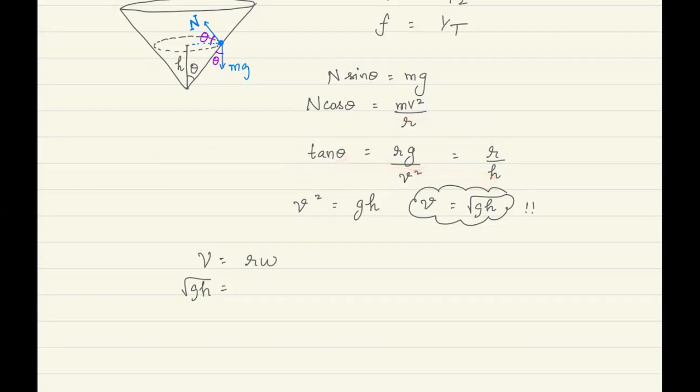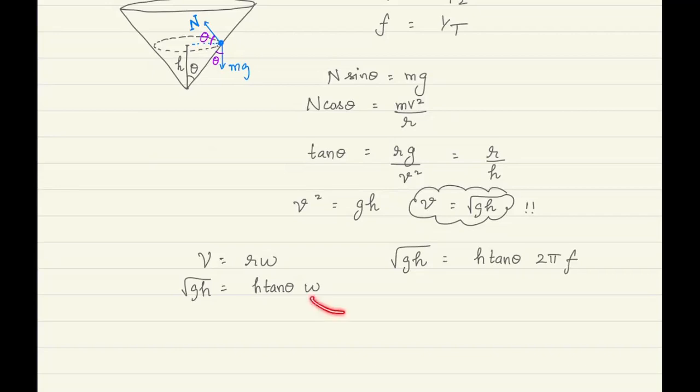Since r by h is tan theta, r will become h tan theta times omega, and omega is going to be 2 pi by time period. So I'll write expressions like this: root of gh will be equal to h tan theta into omega, which I can write as 2 pi by time period, and 1 by time period is the frequency.